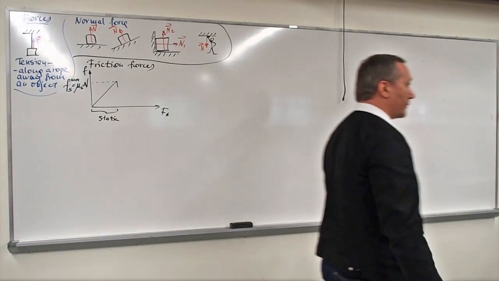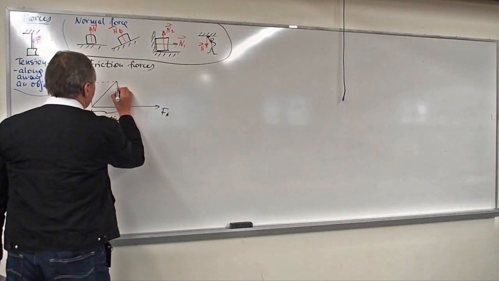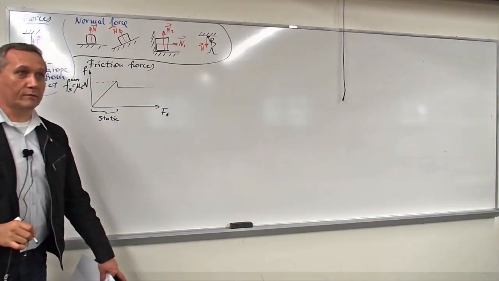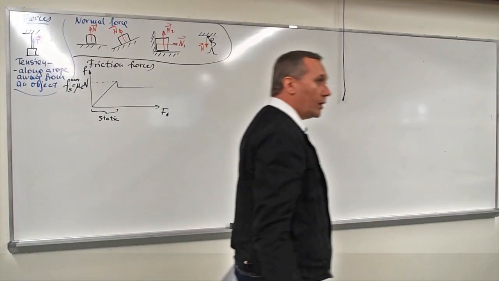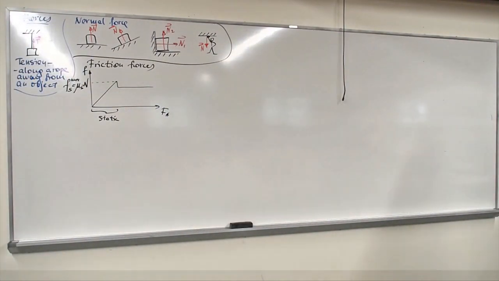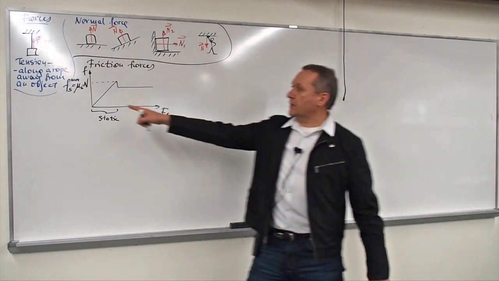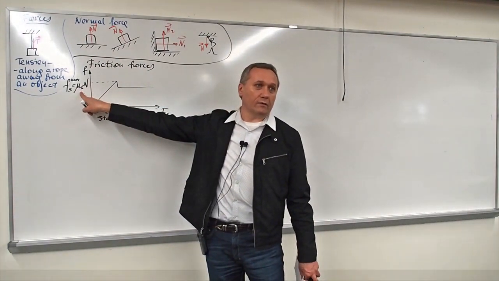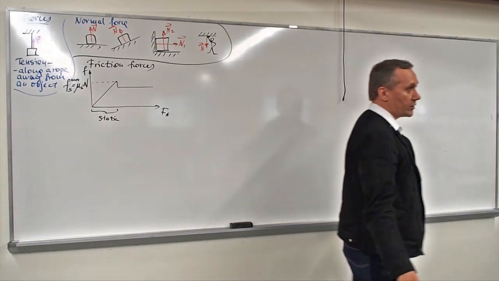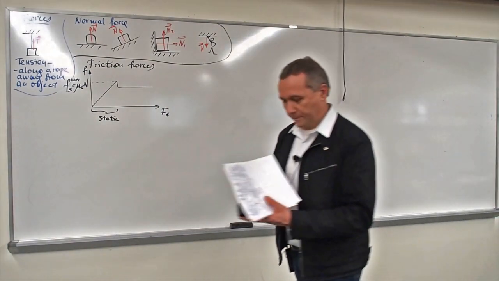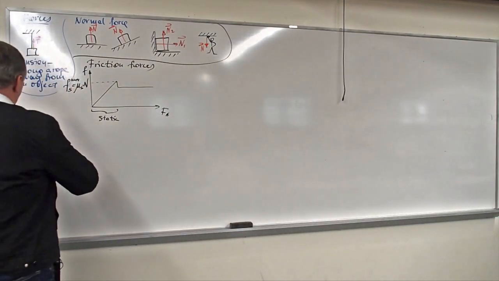Now we have kinetic friction. Kinetic friction is a constant force. It doesn't matter how fast you slide your object, kinetic friction is going to be exactly the same. The expression is very similar, but now we should use mu sub k, which is the kinetic friction coefficient.